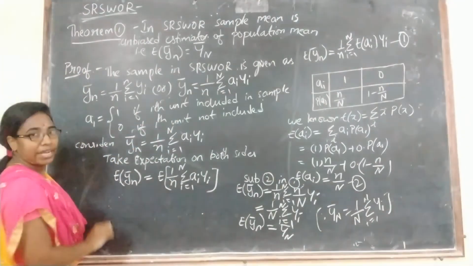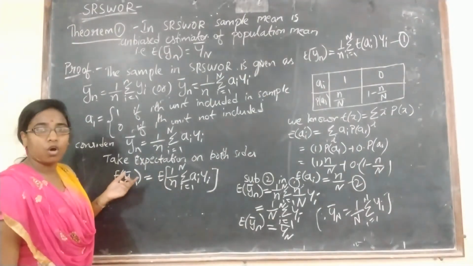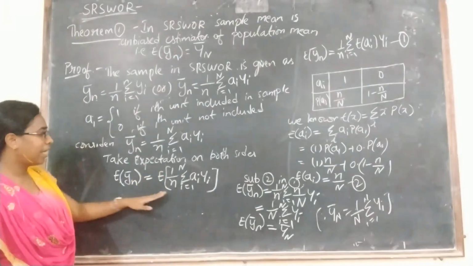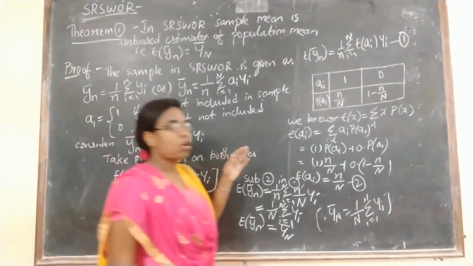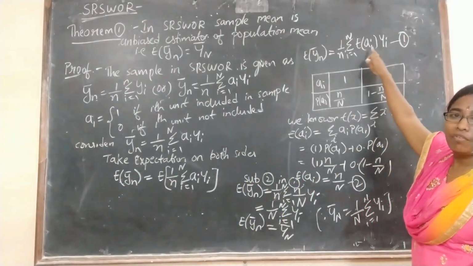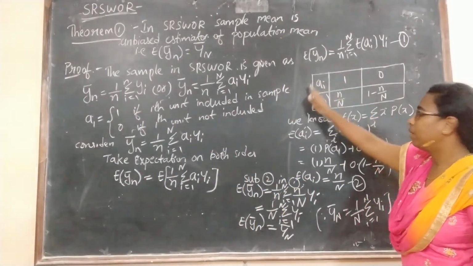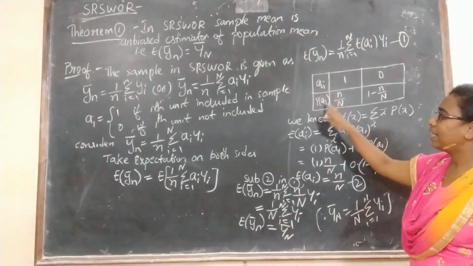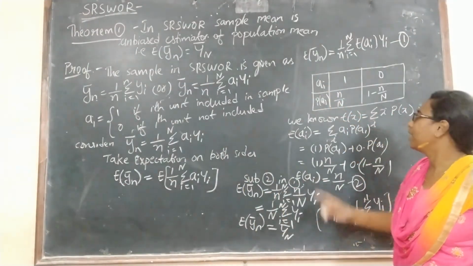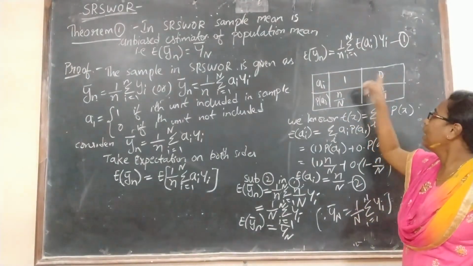Now for this equation, you need to apply expectation on both sides. After applying expectation, write all the constant values outside the expectation and find the expectation of AI. For this, draw the table of AI values and probabilities of AI. AI takes only two values, so you write those values 1 and 0.